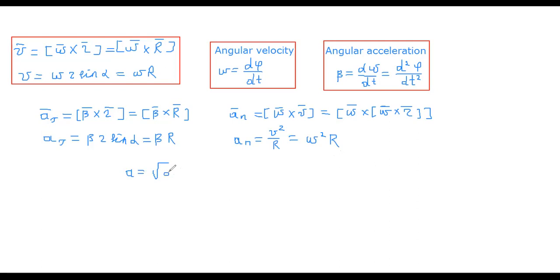It will be the square root of the sum of squares of tangential and normal accelerations, and it is equal to r times the square root of beta squared plus omega to the fourth.